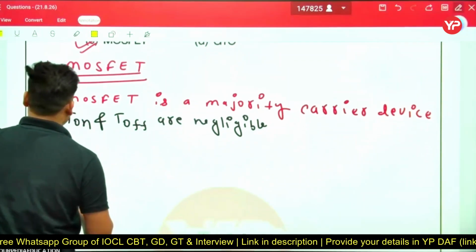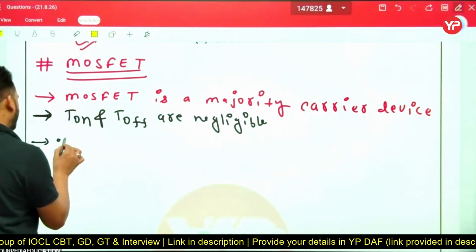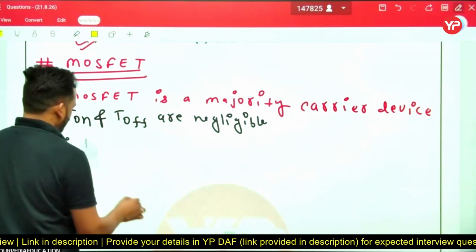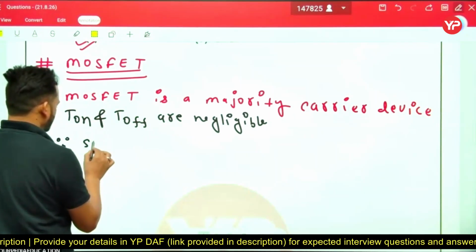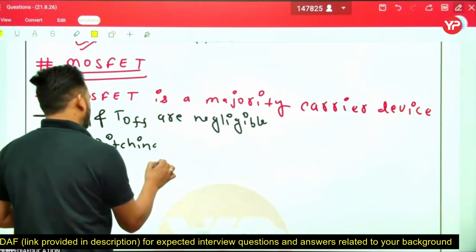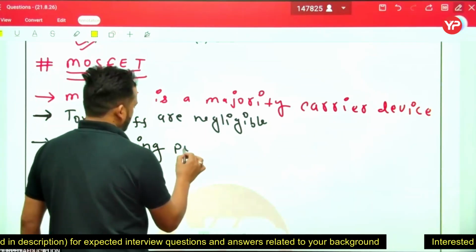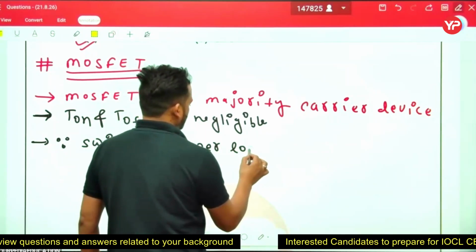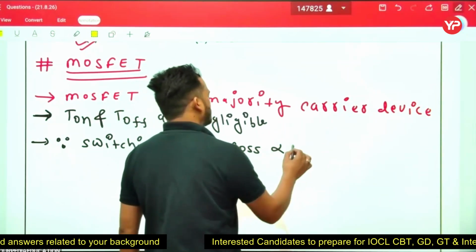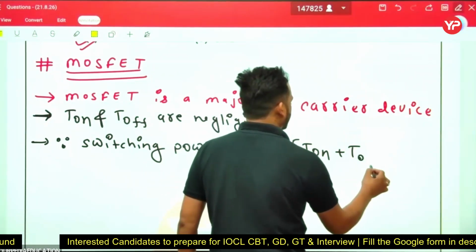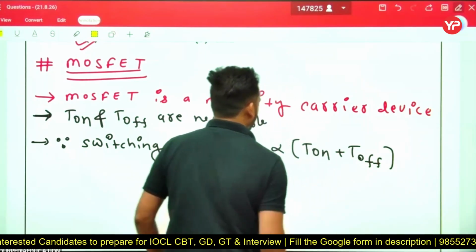And we know that switching power loss is directly proportional to T on plus T off.